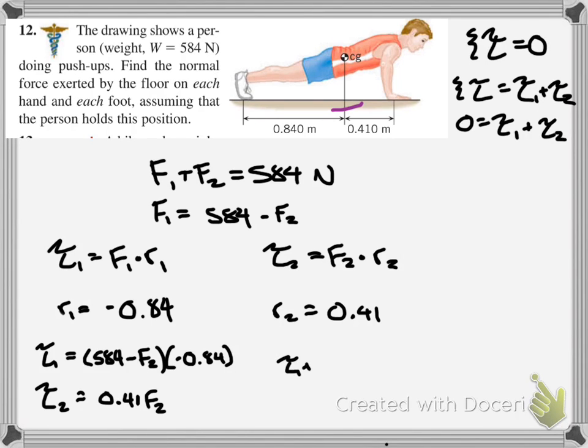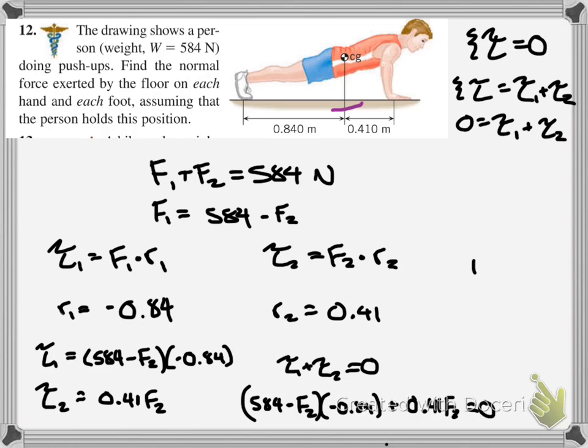We also know that torque 1 plus torque 2 is equal to 0. So using the values we just found for torque 1 and torque 2, we substitute for torque 1, which is that large value, multiplied by negative 0.84, plus 0.41 F2 is equal to 0. Now, using your math skills, just isolate for F2 and see what it equals, and you should get that F2 is equal to 392.45 newtons.